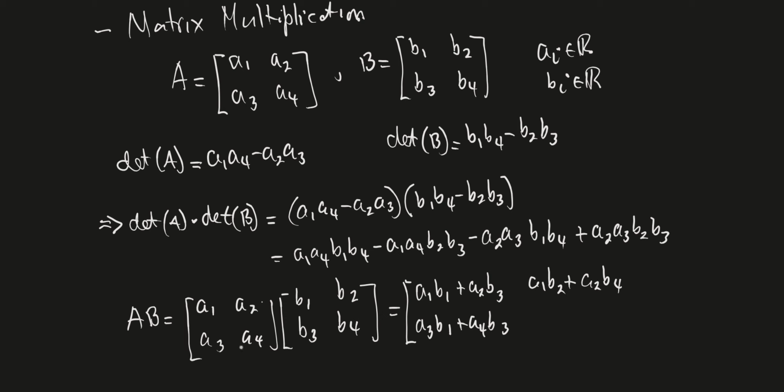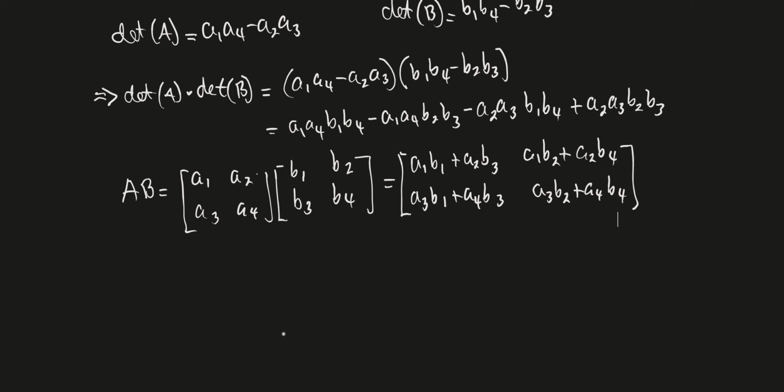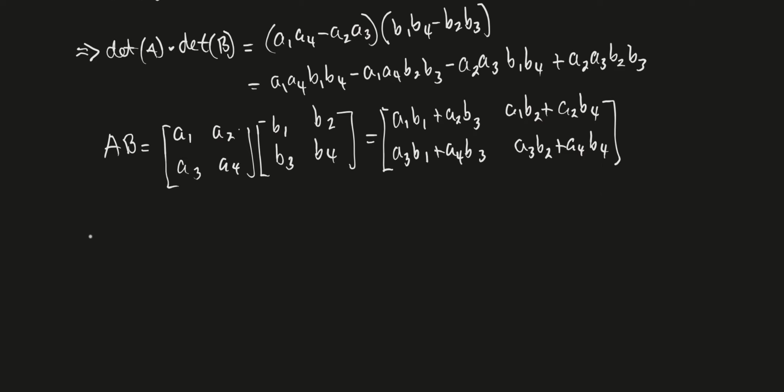And finally, second row, second column, A3 B2 plus A4 B4. Now, here comes the really fun part. We are going to compute the determinant of this product, so let's see what the determinant of AB is.